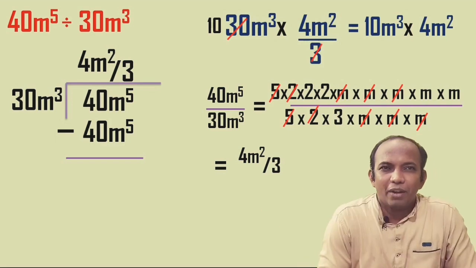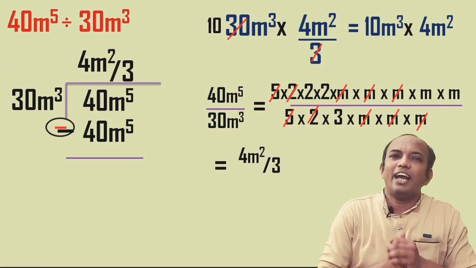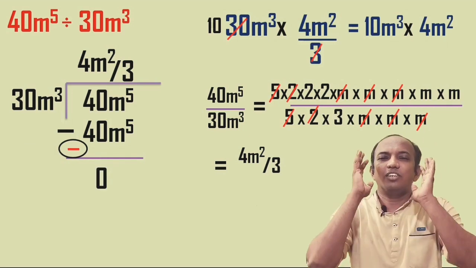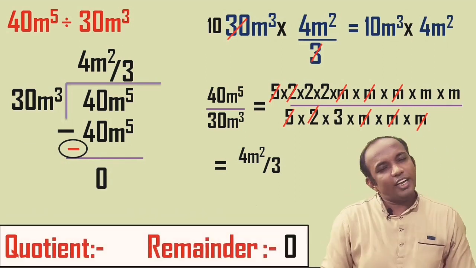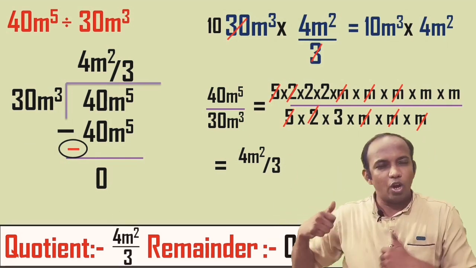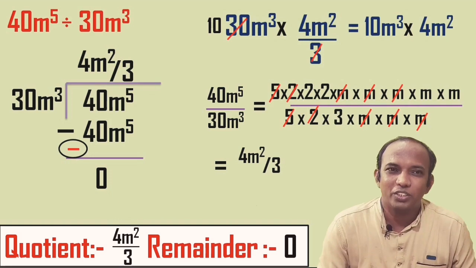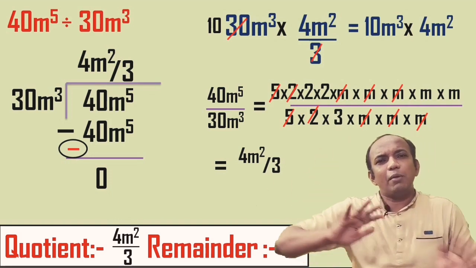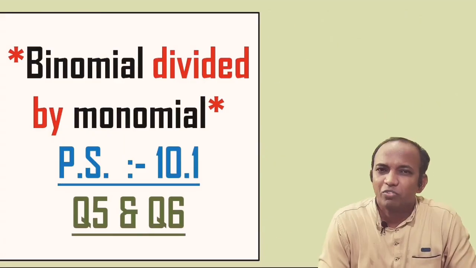So here again do the subtraction, change the sign, and as a result we get the remainder 0, and that's it. Now time to write the final answer. So as a final answer we can write quotient is 4m square, the whole upon 3, and the remainder is 0. Yes.